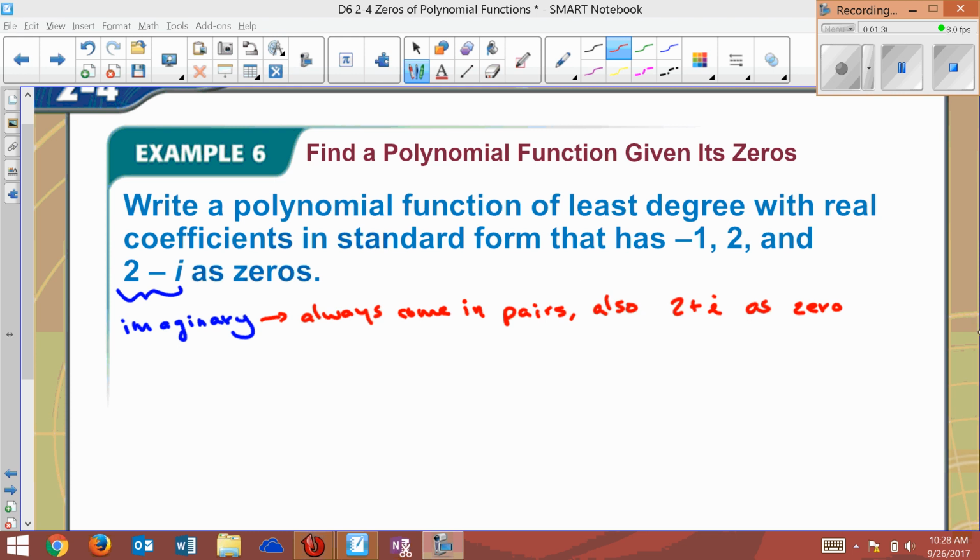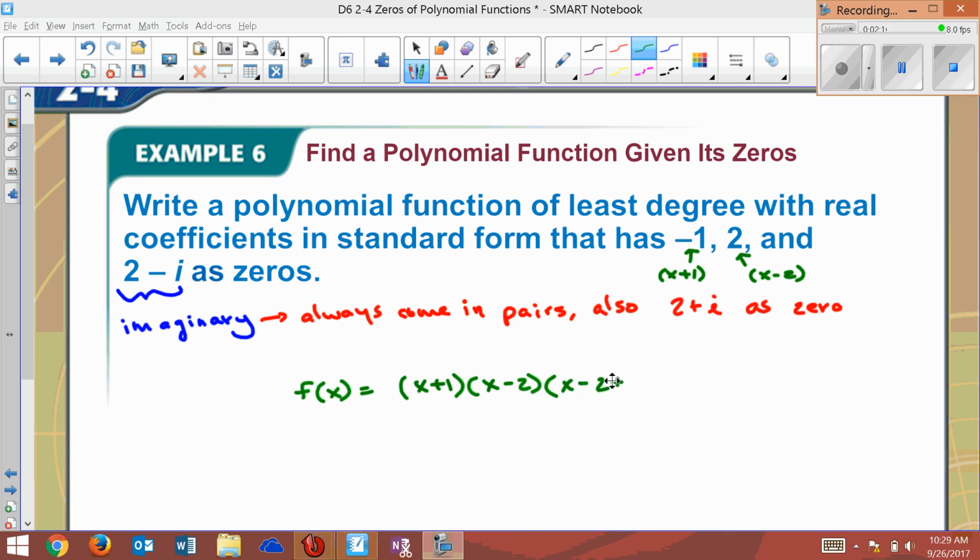So here's how you can write this out as linear factorization, is what it's called. We'd say f of x equals, now if this is the 0, this comes from x plus 1. This one would come from x minus 2. So what you'd have is x plus 1 times x minus 2, times, now this one, you got to be slick here, because the sign switches here: x minus (2 plus i).